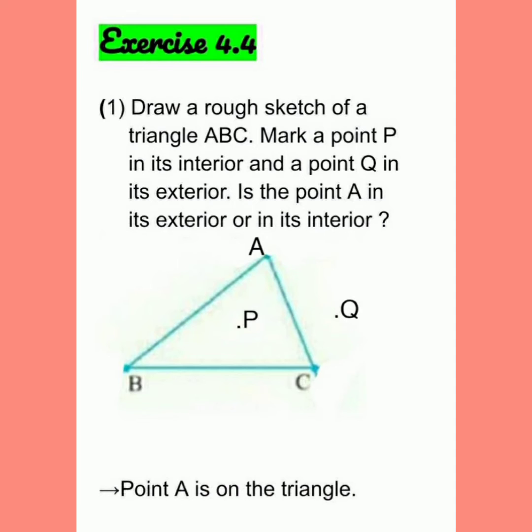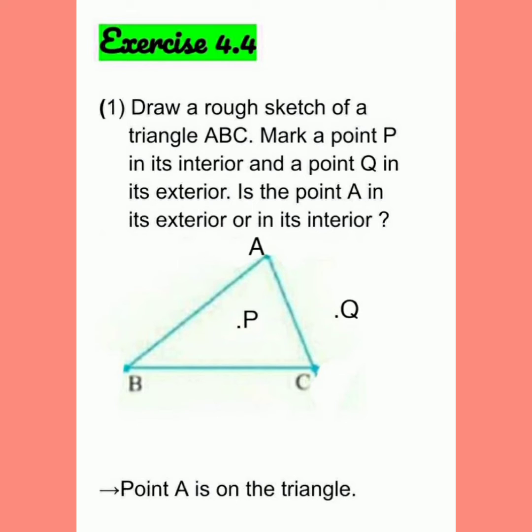Now, moving on to exercise 4.4. Question 1. Draw a rough sketch of a triangle ABC. Mark a point P in its interior and a point Q in its exterior. Now he is asking you to draw a rough sketch of a triangle ABC. Now I have drawn it. Okay. Then mark a point P in its interior.